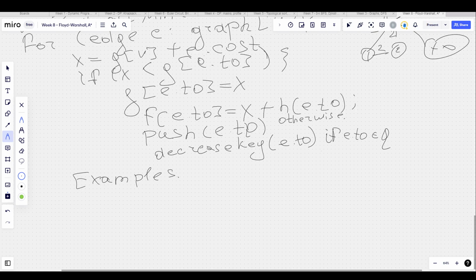You must have learned it in math analysis. Okay, when H(v) is silly, it always gives you null. In this case, A star degenerates to Dijkstra.